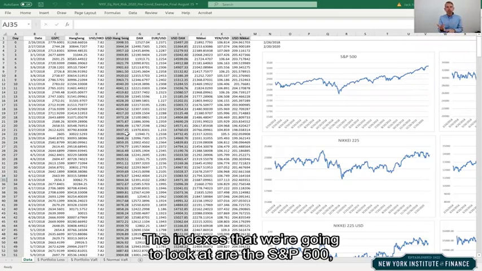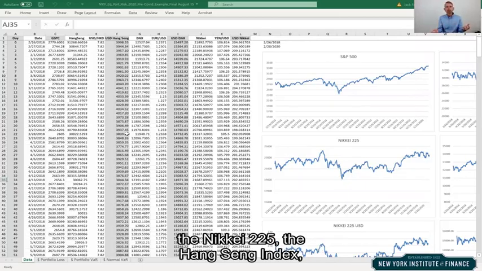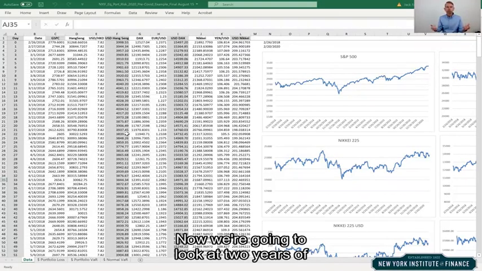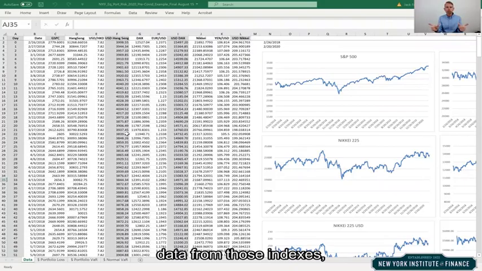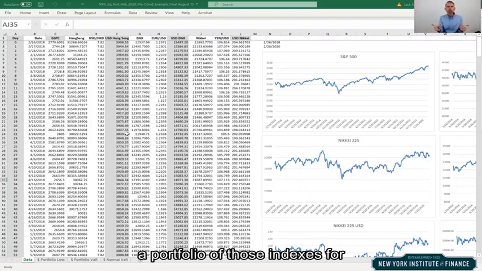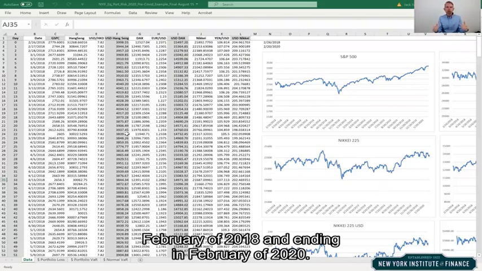The indexes are the S&P 500, the Nikkei 225, the Hang Seng Index, and the DAX Index. We're going to look at the value of a portfolio of those indexes for 2 years, starting in February of 2018 and ending in February of 2020.